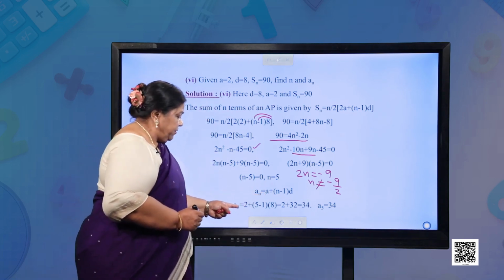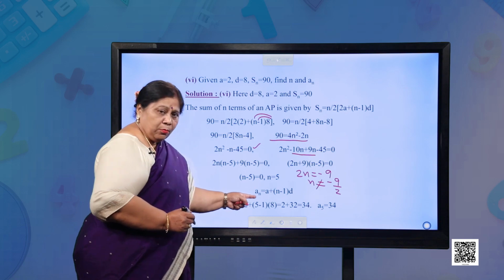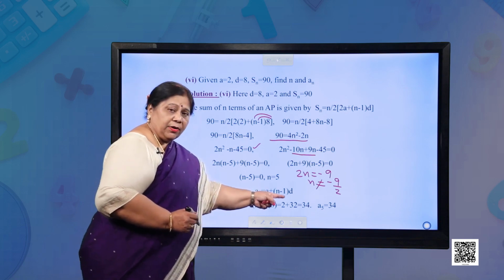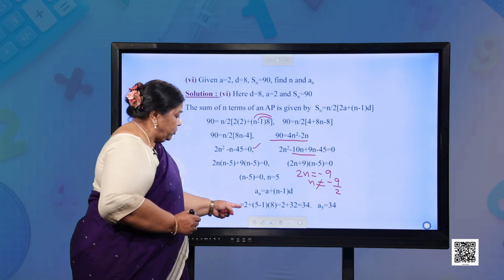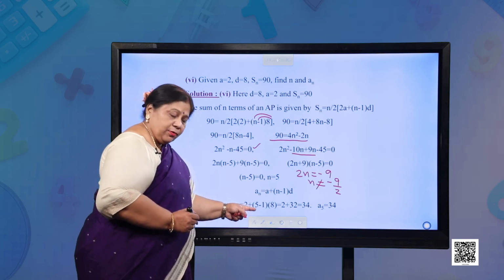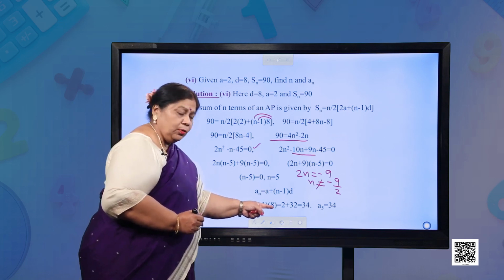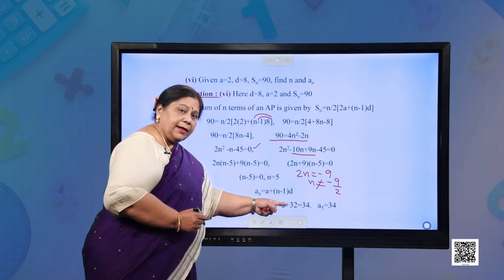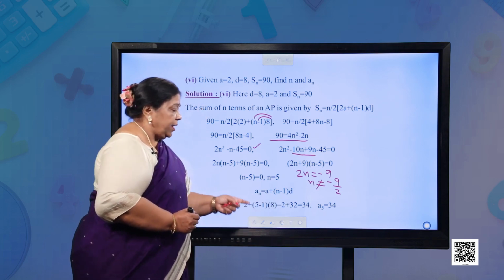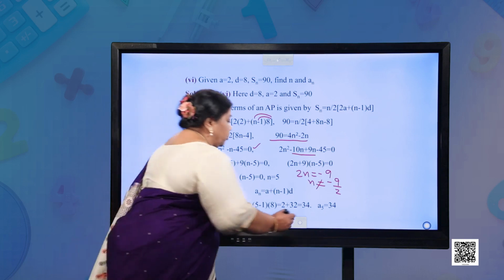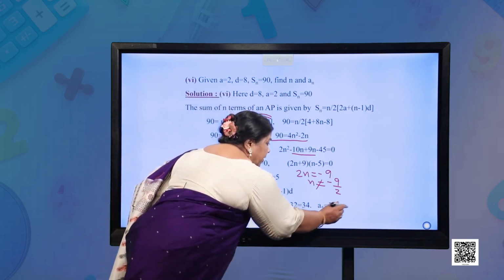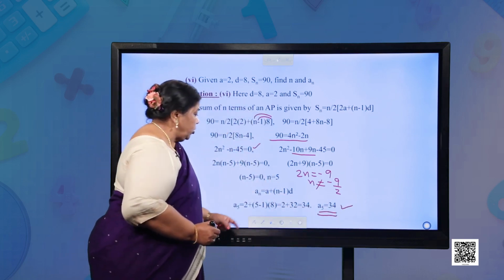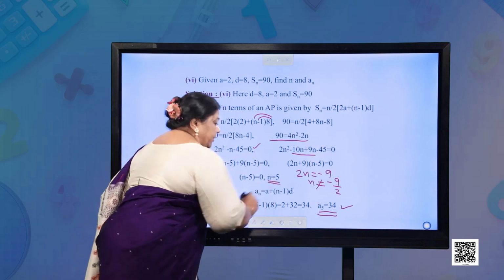So, A5 is calculated with the help of the nth term formula here again, A plus n minus 1 into D. On substituting the values, 2 plus 5 minus 1 into 8 is equal to 2 plus 32, that is equal to 34. So, A5 is equal to 34. In this way, we have calculated A5 and also the value of n.